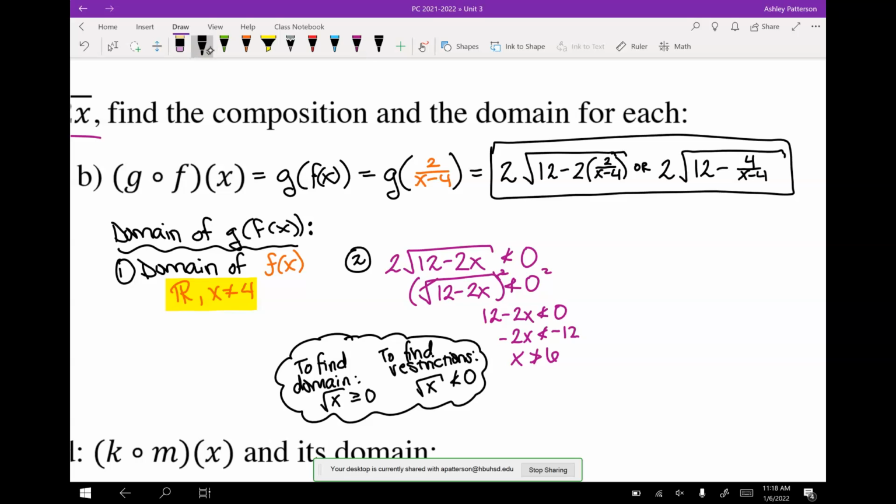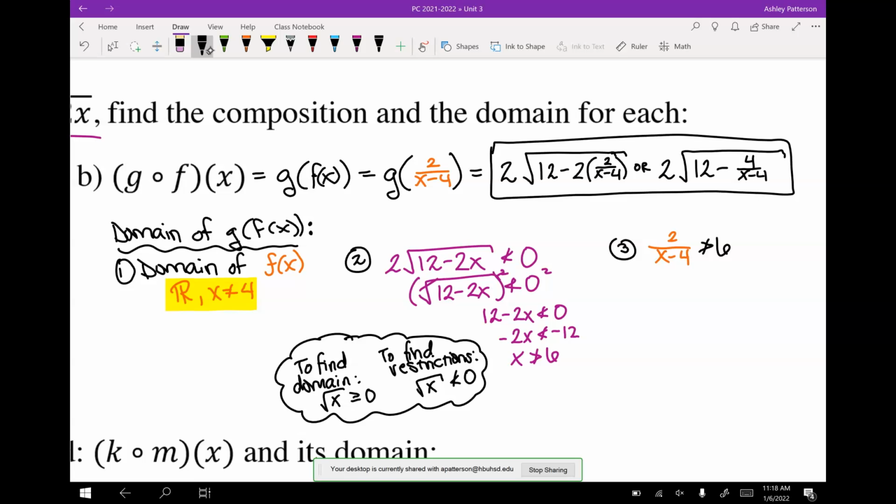So step number 3, we're going to take f of x, which is 2 over x minus 4, and we need to know what's going to make this greater than or equal to 6. Just like we did in the previous A example, we set the inside function to the restrictions found in 2.